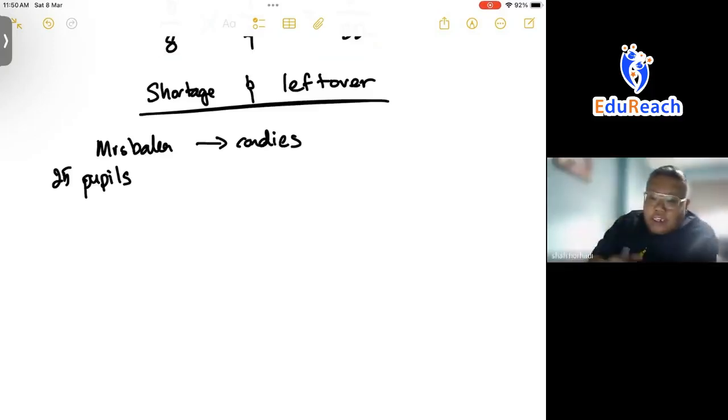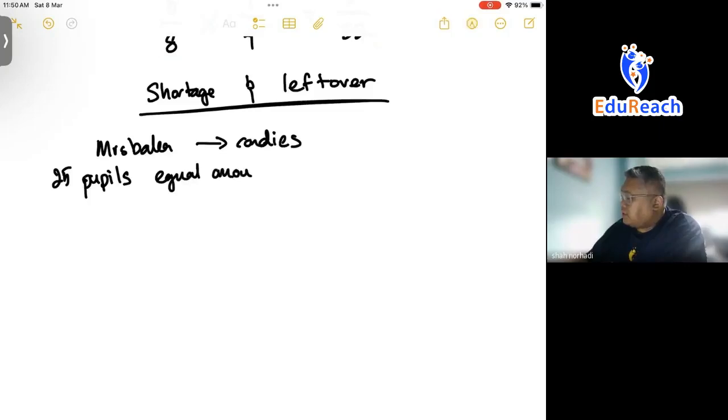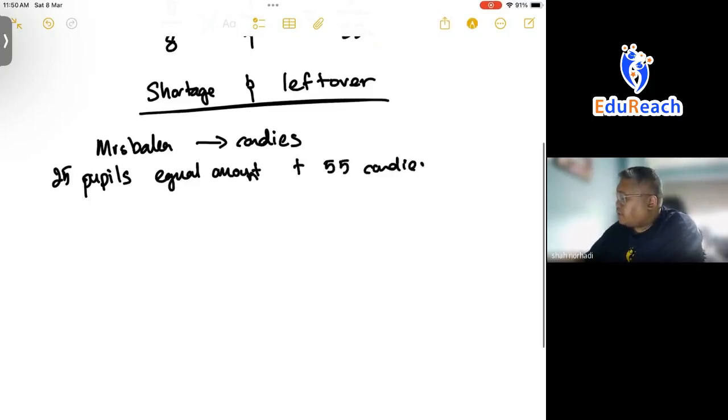And then after that, she had 55 candies left. That means after giving an equal amount, she still has 55 left. That means this is where your leftover is.